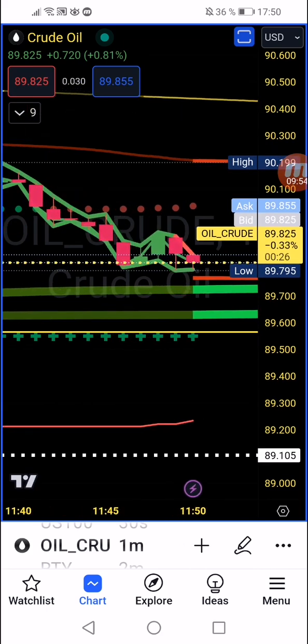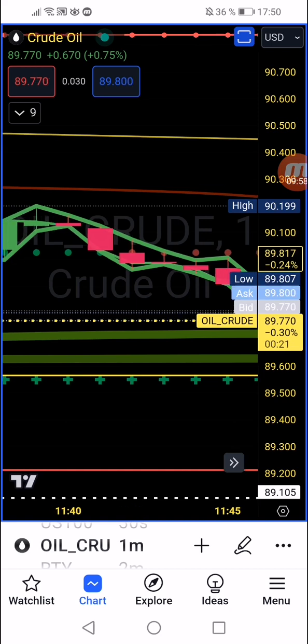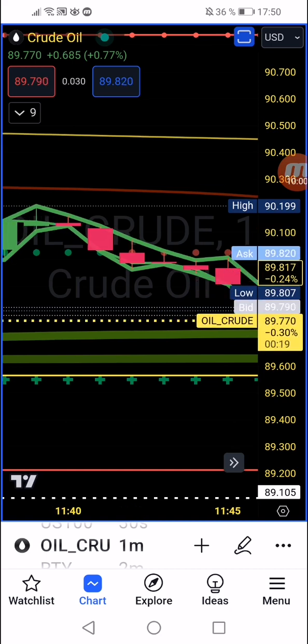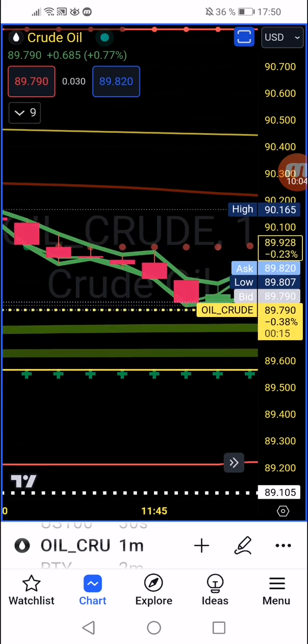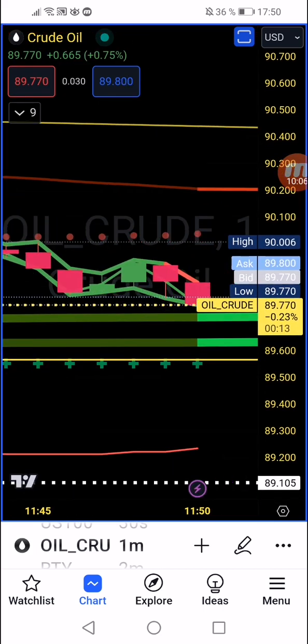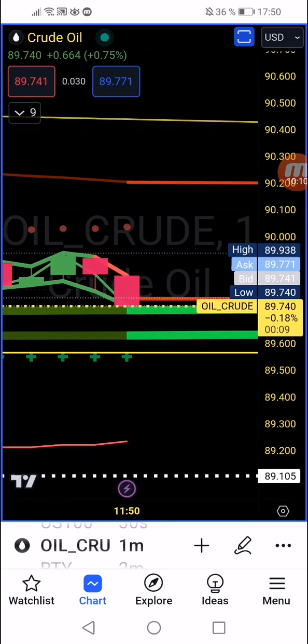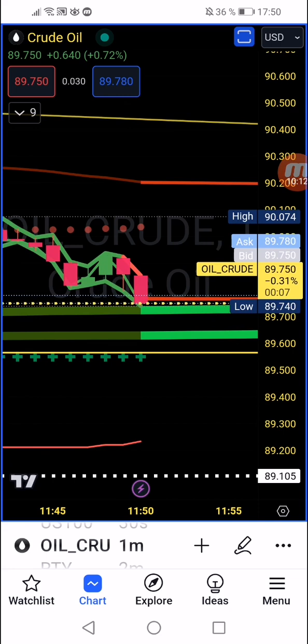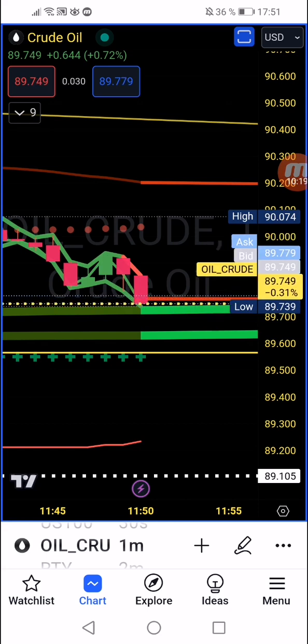Yes, here we see all the lines are green and red, green and green. And now also on the 1-minute chart, oh, you see the lines are red, right? So one of them, meaning the trend has changed, all right?